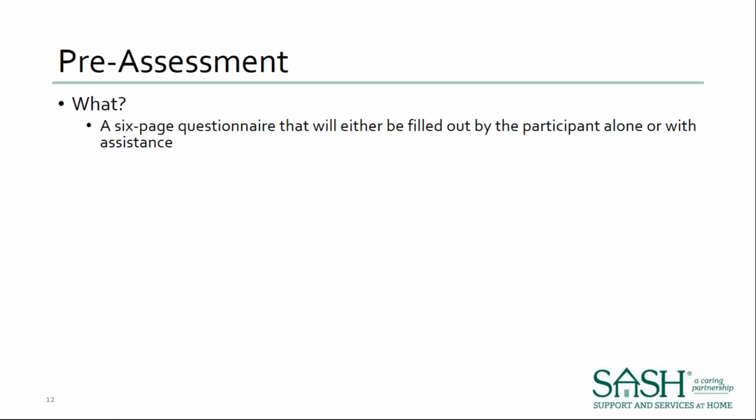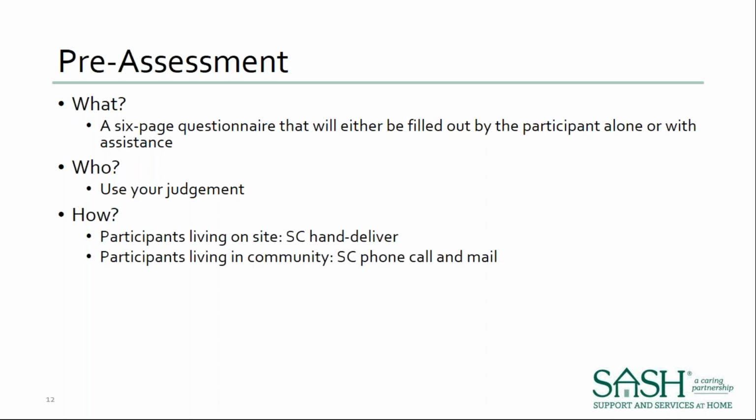You might have to mail them out ahead of time or be mindful about how you get these assessments to your participants, and that's just something that you can play around with. And then who, that's really up to you guys. You know who your participants are, you know their abilities. So if you feel like you have a participant who would be completely willing and able to fill out a form by themselves, by all means use that for that participant.